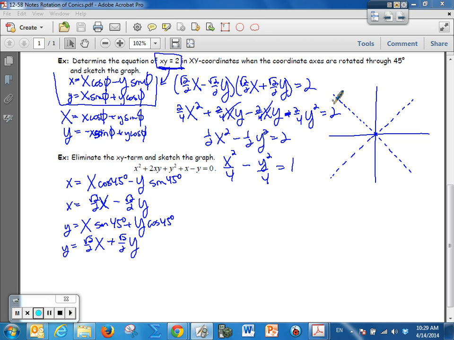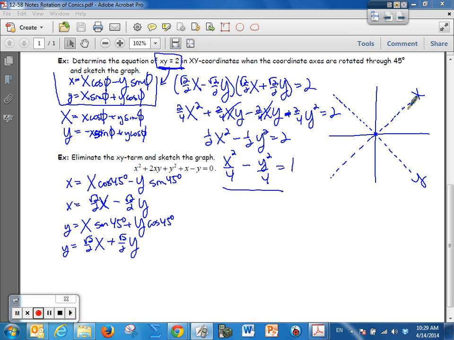Now I can't turn the board, so I'm going to have to kind of go like this. But we just need to graph this conic on our dotted line axes. With now this portion is going to be our big X, and this is our big Y. Okay, does that make sense?